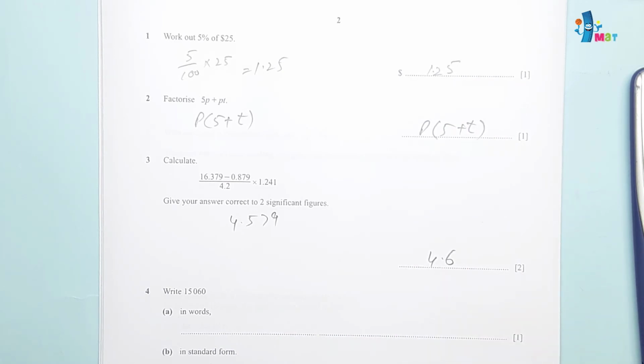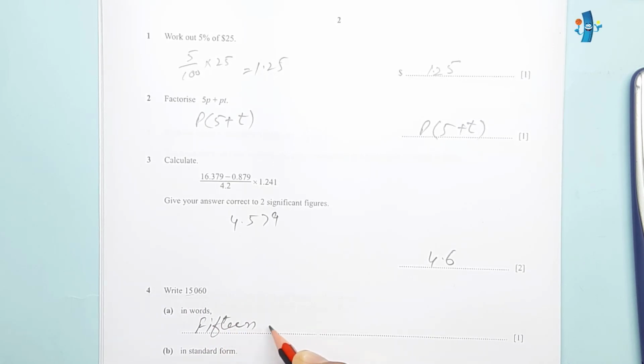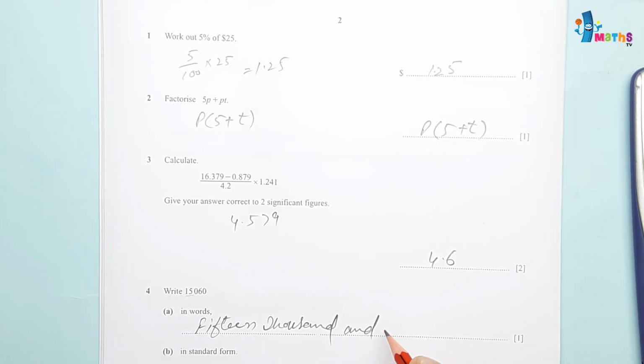Question number 4, write this one in words. This is 15,060. So we can write 15,060.